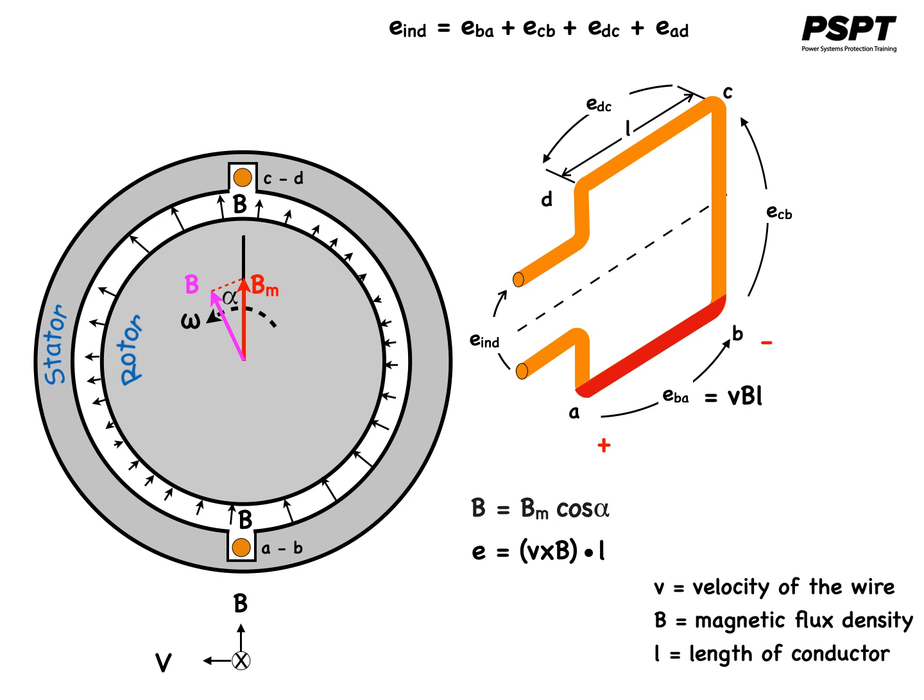This is by the right-hand rule. That is, A is positive with respect to B. This means the voltage vector is the same direction as the segment AB, meaning the voltage rises from B to A. Therefore, the induced voltage on this segment of the wire is VBL from B to A.